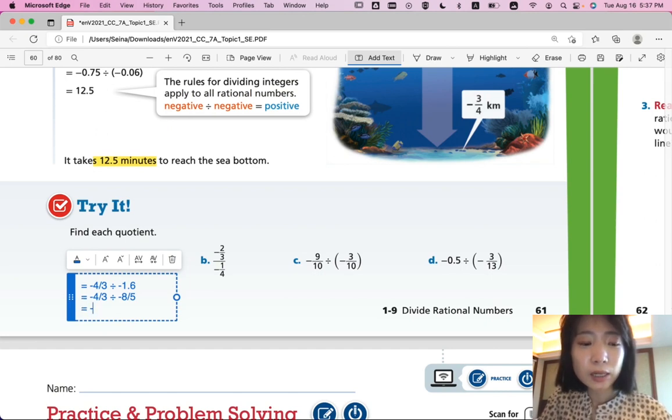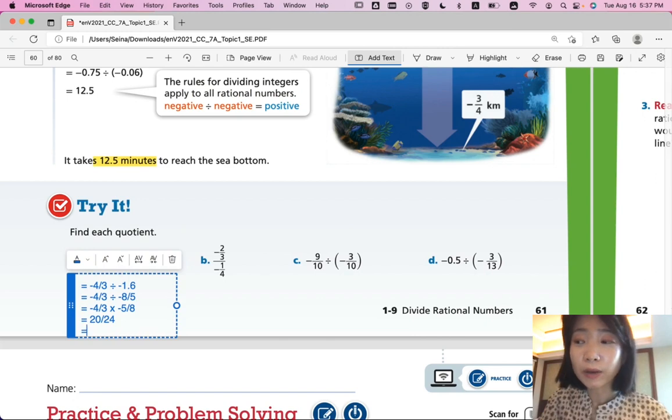And you can change that into a multiplication by using the reciprocal. You can multiply negative 5/8 instead. And you will get negative 4 times negative 5, which is a positive 20, divided by 3 times 8, which is a positive 24.